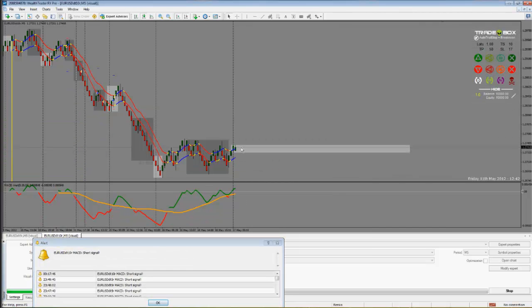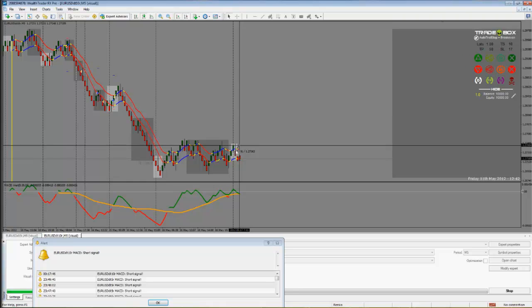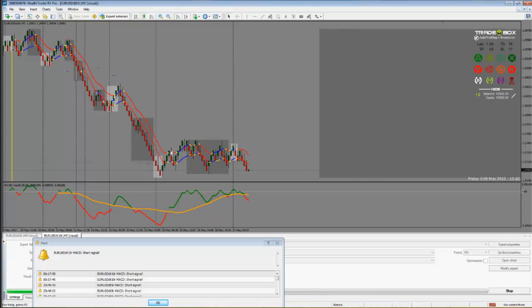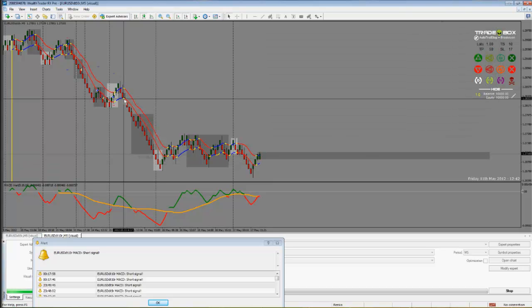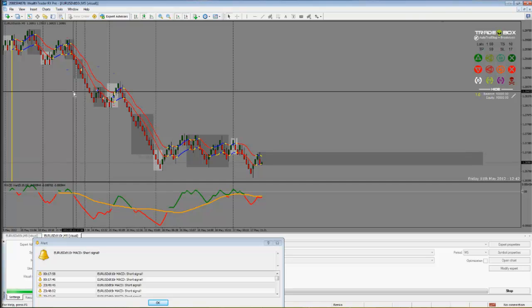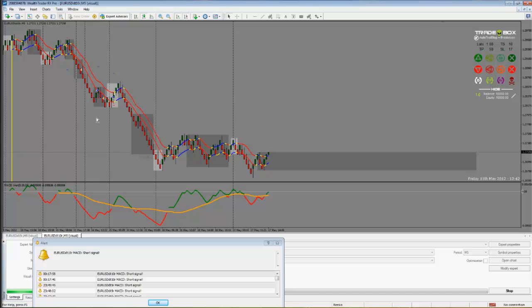You can see one push down, two pushes down, and read it any which way you like. Big consolidation here. And again, you're looking for a break in line with your MACD. Again, with a 10 pip Renko, you don't get as many trading opportunities, but if you pick the swing high, you can still grab 120 pips in a move.